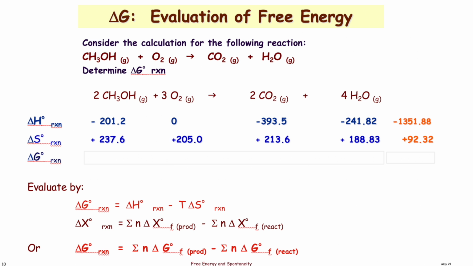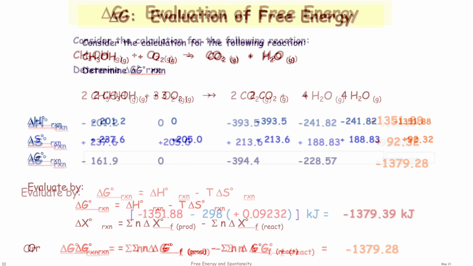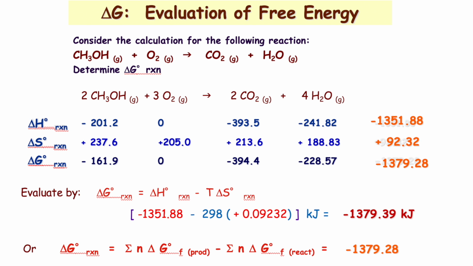Before you even do the calculation, you should have an idea of the signs of both delta H and delta S. Then we can do delta H minus T delta S, and this is what we get. If we compare that to delta G from products minus reactants, it's pretty close, different by a tenth of a kilojoule.